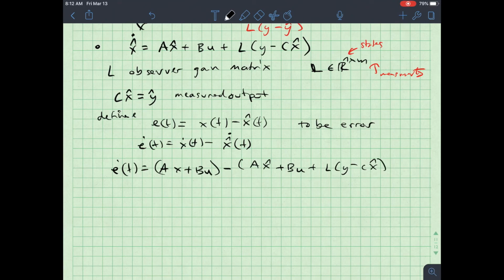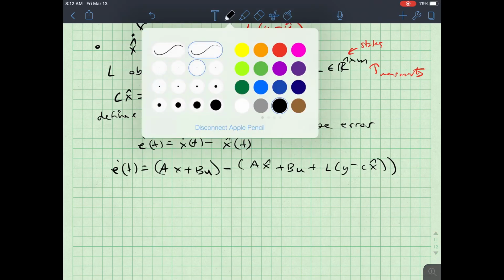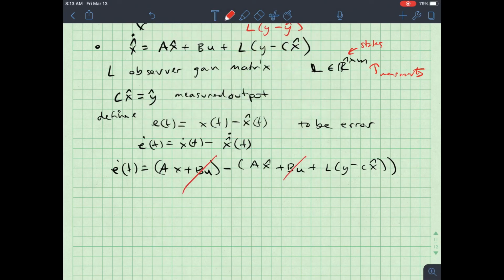All of this is in parentheses, so the Bu part is going to cancel out. So I've got E dot of t is equal to A times x minus x hat minus L times y minus C x hat.